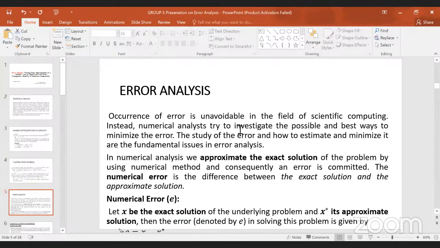That leads us to our main discussion, which is error analysis. We all know that as humans, we are all prone to errors. Also, we would not forget that the computer system is garbage in, garbage out. Whatever you give to it is what it gives back to you.